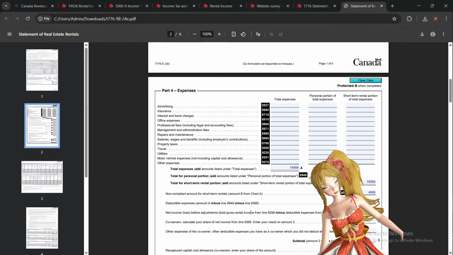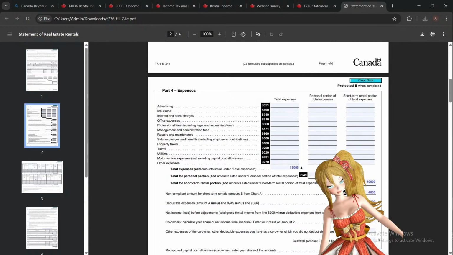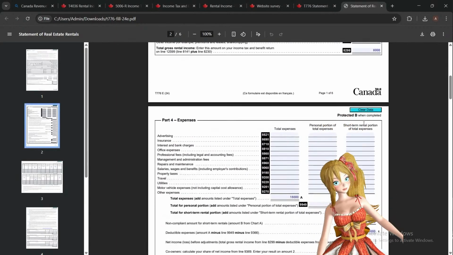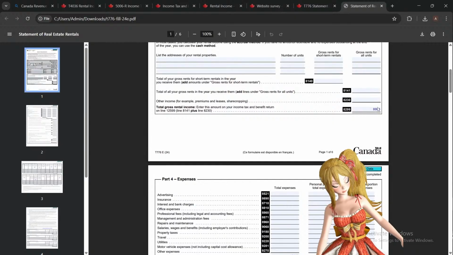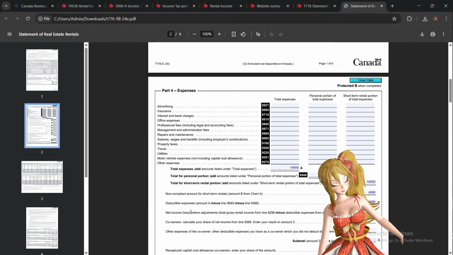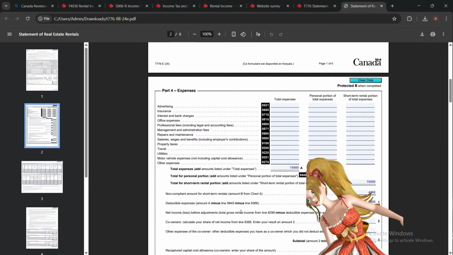My net income would be like 8,000 minus 6,000. What? My net income is wonky math.